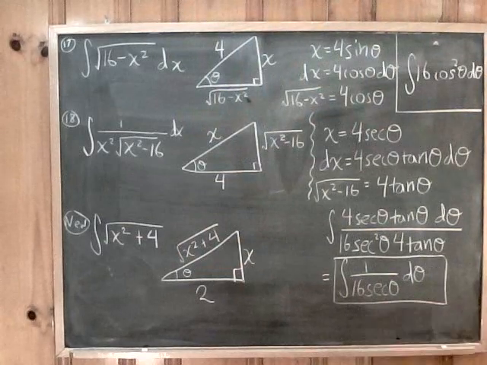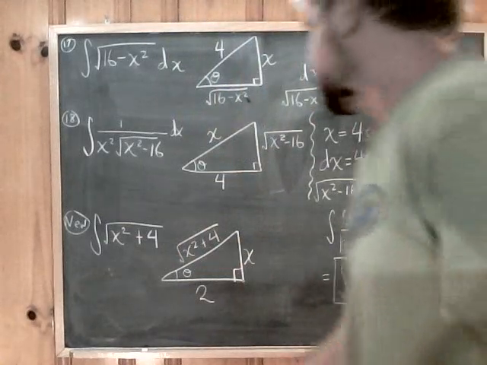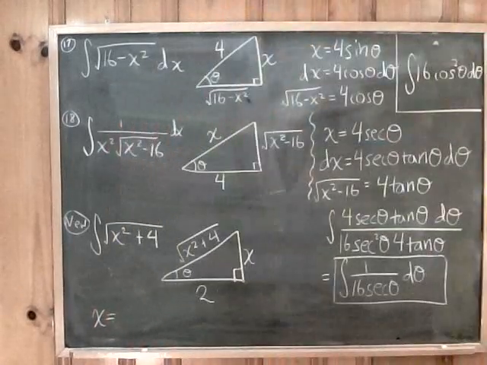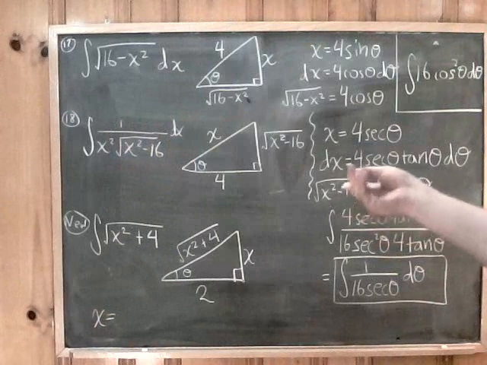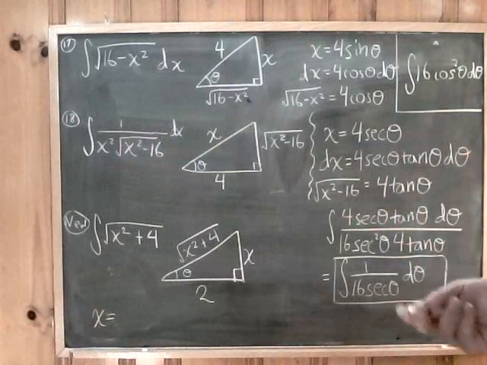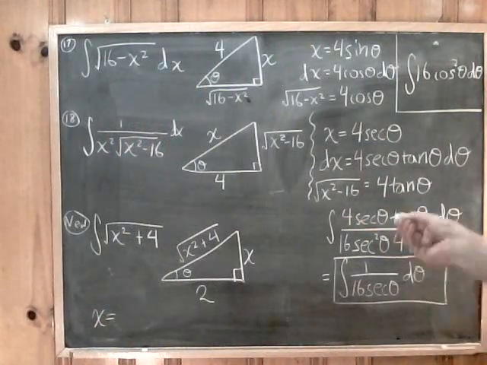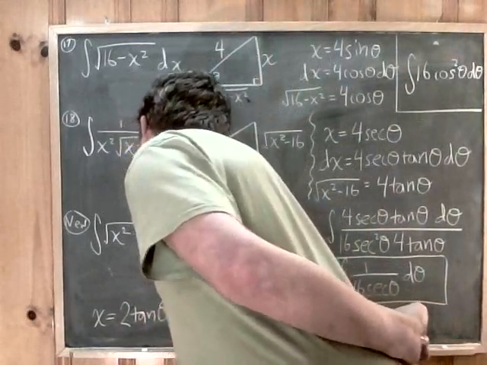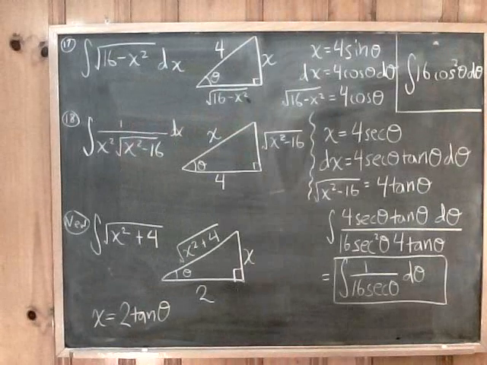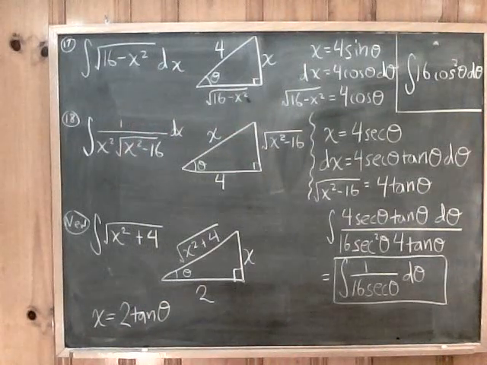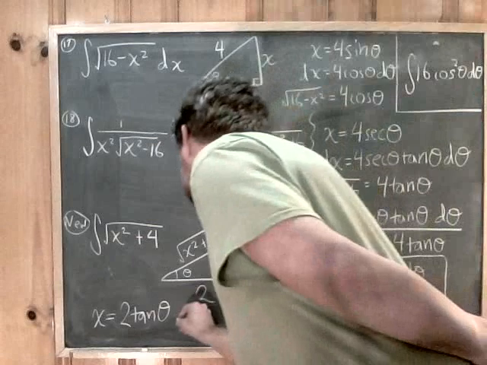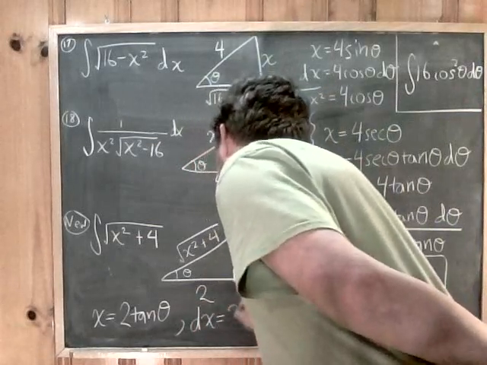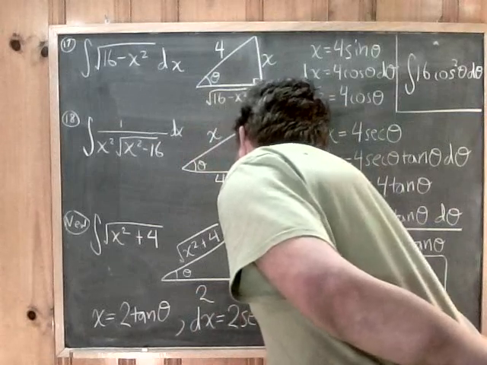So for this one, I'll use, looking back at it again, tangent of theta is x over 2. So x is equal to 2 tangent theta. Let's see, dx is equal to 2 secant squared theta.